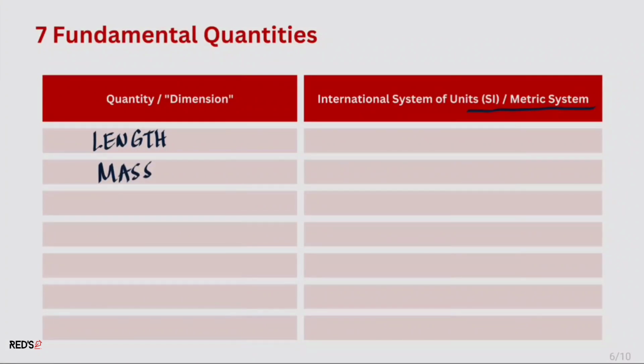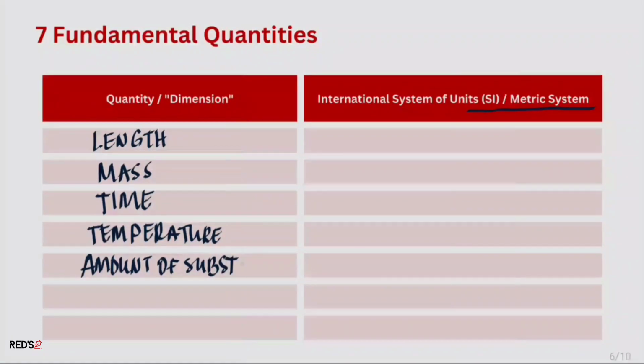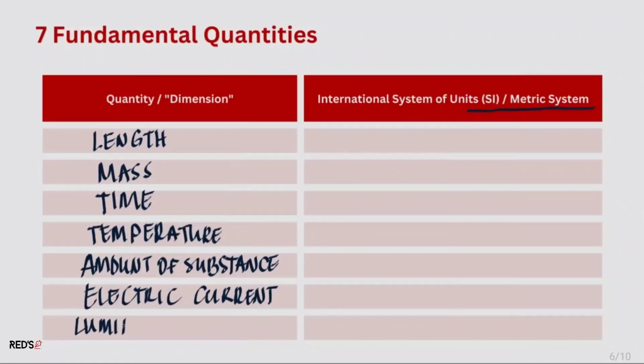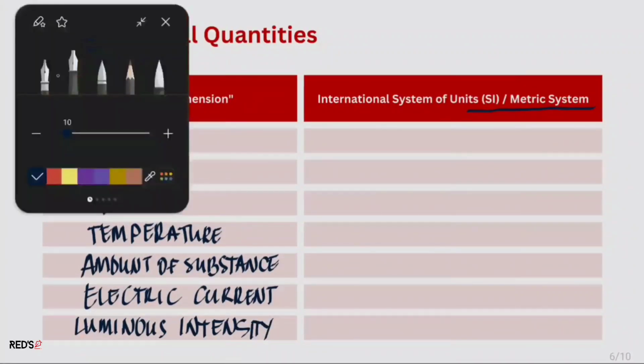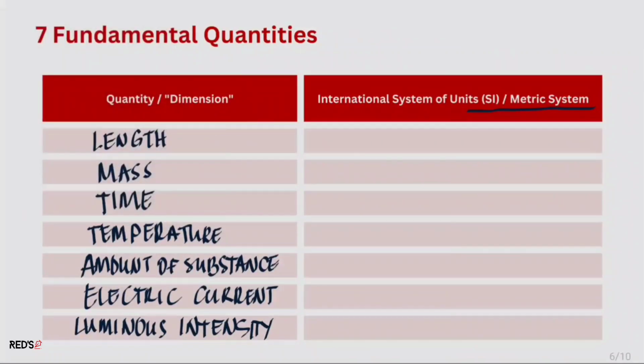These are length, mass, time, temperature, amount of substance, this is more of the chemistry or physics related measurement or unit, and we have electric current, and lastly luminous intensity. All right, so these are our fundamental or base quantities.